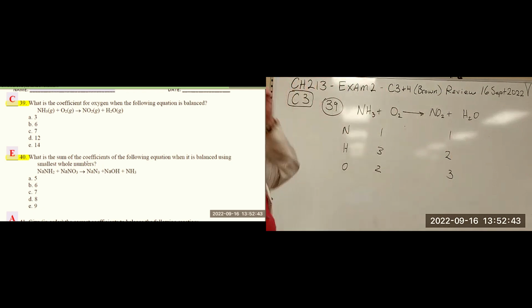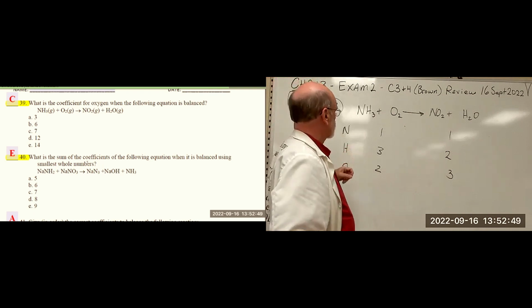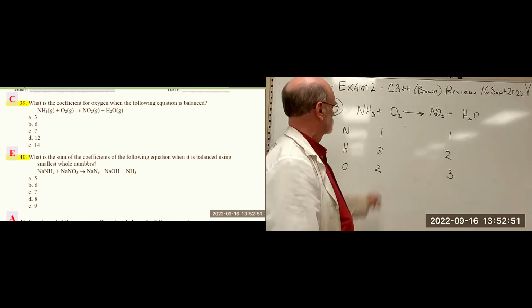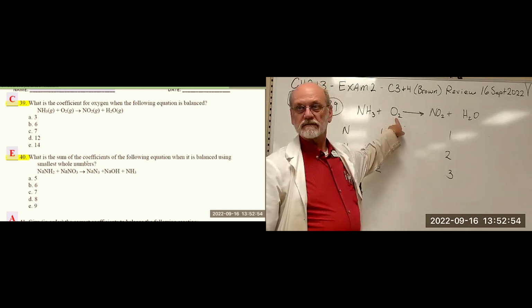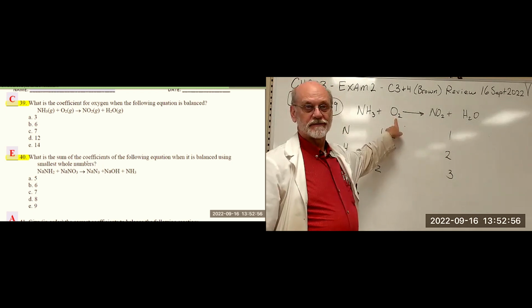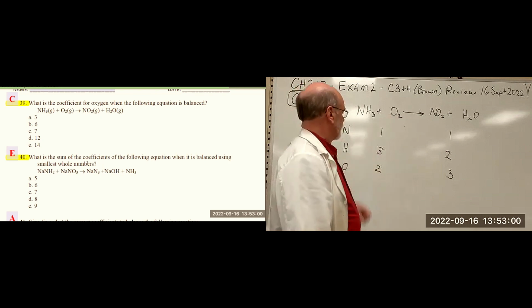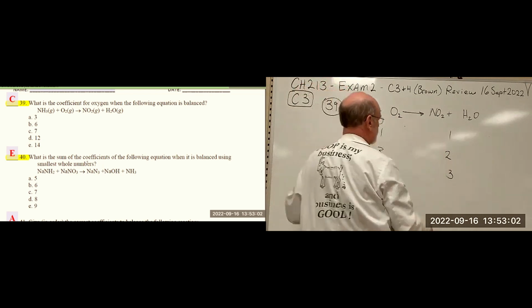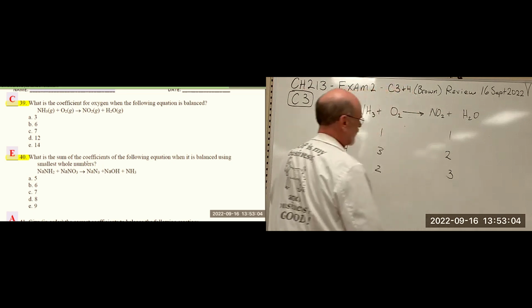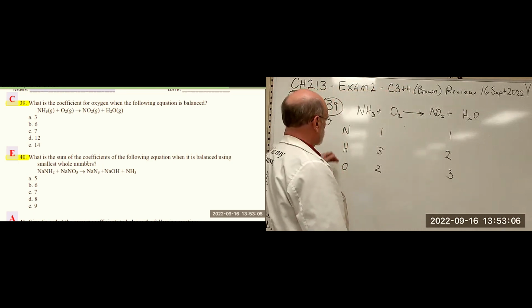So we can see this is not balanced. Which one are we going to hold out to the end? That one, because it's an element. If we put a coefficient in front of that, that's the only one that changes. Nitrogens are already balanced. They may not stay that way, but for now, we might as well leave them alone.